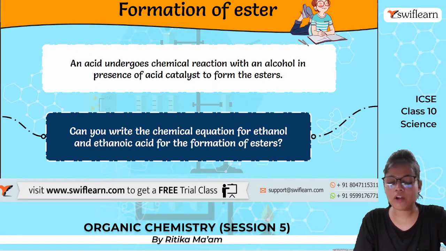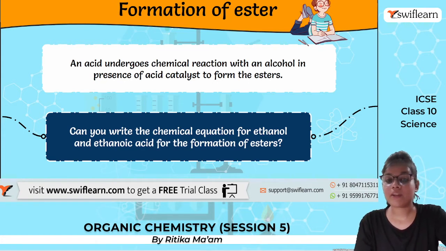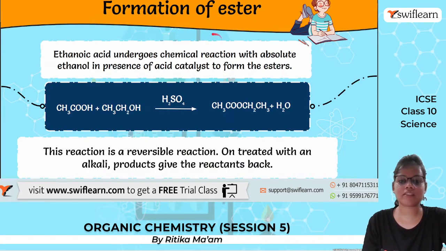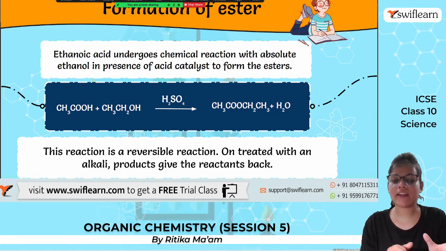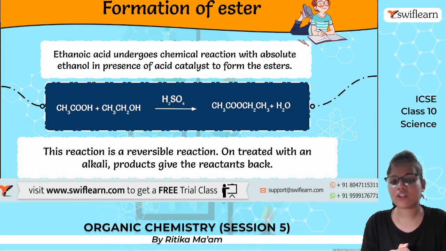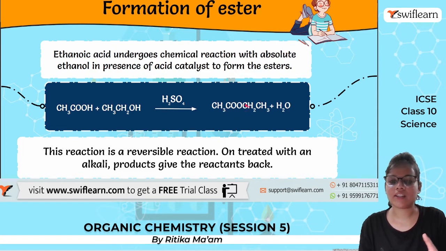Now talking about formation of ester. An acid undergoes a chemical reaction with alcohol in the presence of an acid catalyst to form ester. So let us see how ester is formed. We are taking acid and alcohol, and it is converted to ester. So ethanoic acid undergoes reaction with ethanol, okay, and it gives us the ester.